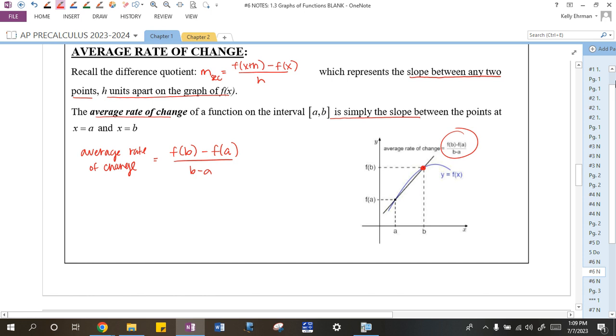It's just considered more simple to do the second point minus the first point. Okay, so average rate of change formula, exact same thing as the difference quotient. It's just that the notation, how we're doing things, how we're looking at things, is different. A and B are usually constants, and average rate of change is usually a number that we're going to get and interpret.